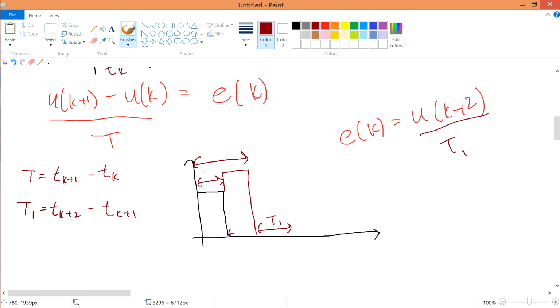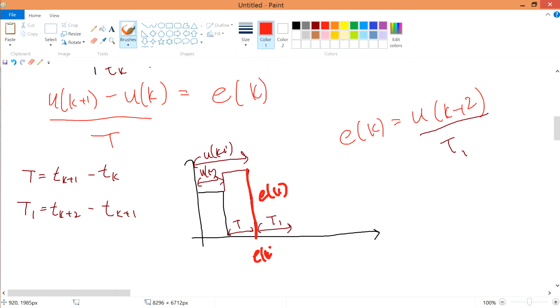While this t is over here. So what it means is that you take your uk plus 1, this is uk plus 1 minus uk, you're getting this area, correct? So this area divided by t will give you your ek minus your ek over here. This is ek. This whole line is ek.